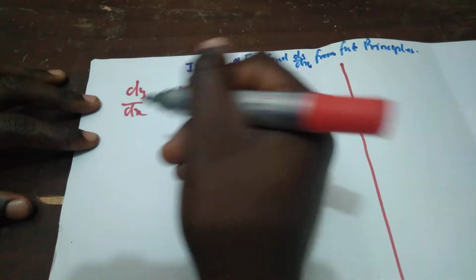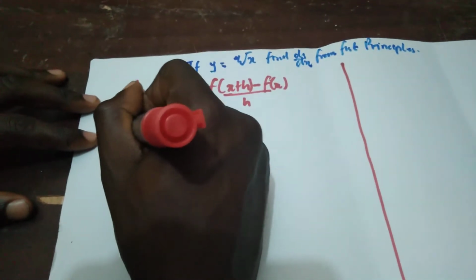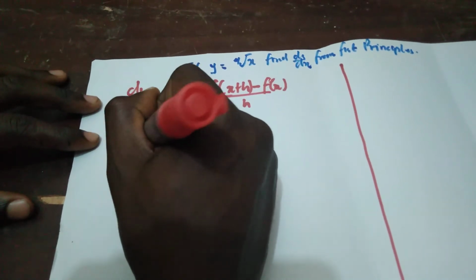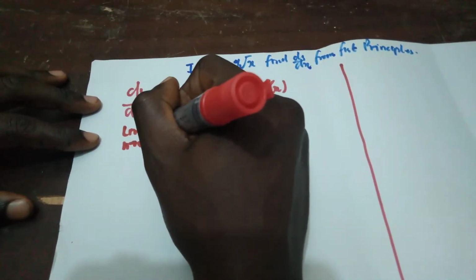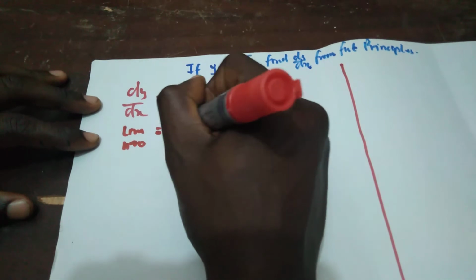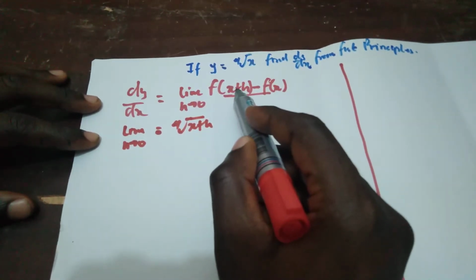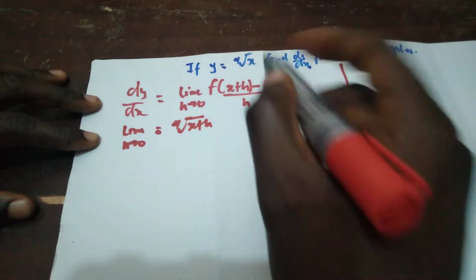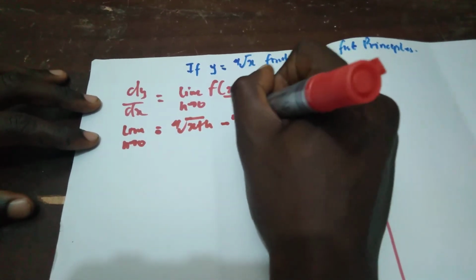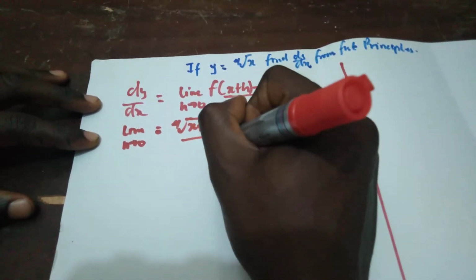So we say the limit as h approaches 0 is equal to the fourth root of x plus h, because it increases by a certain h, minus the fourth root of x, all over h.